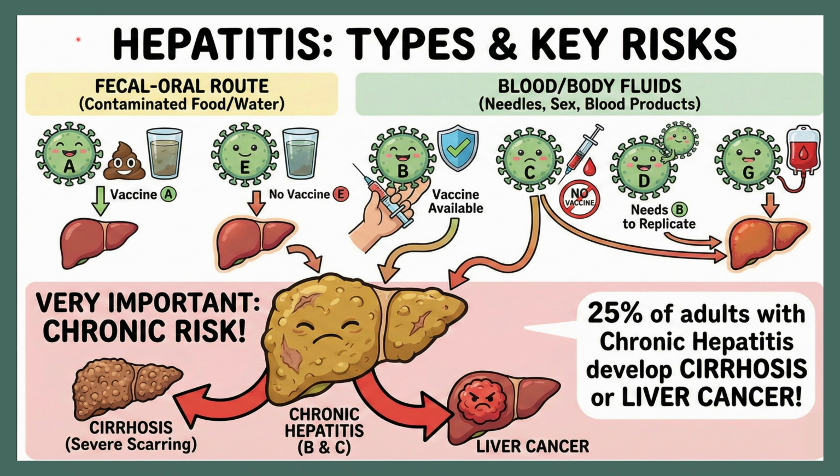Globally, hepatitis is the 7th leading cause of death, with a high prevalence of chronic hepatitis B and C. That's why prevention, especially through vaccination for HAV and HBV, is so important.